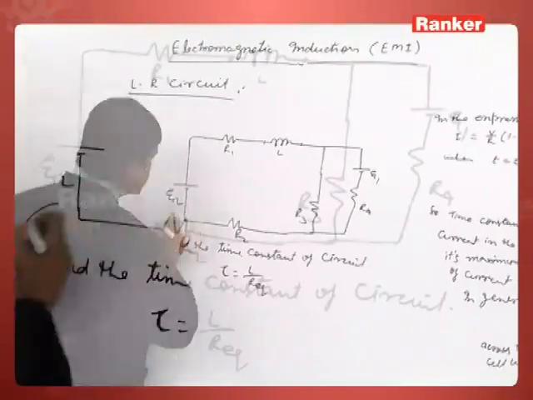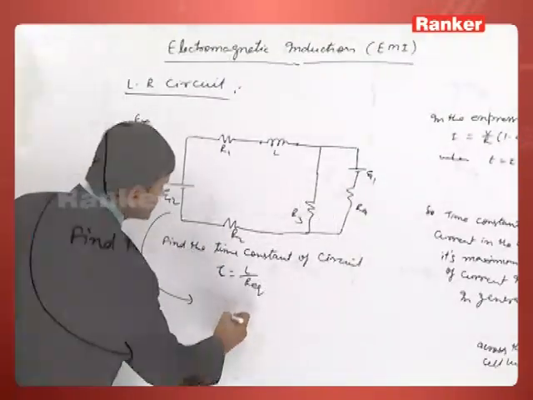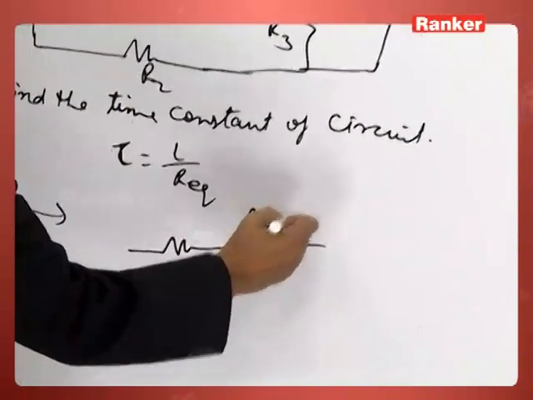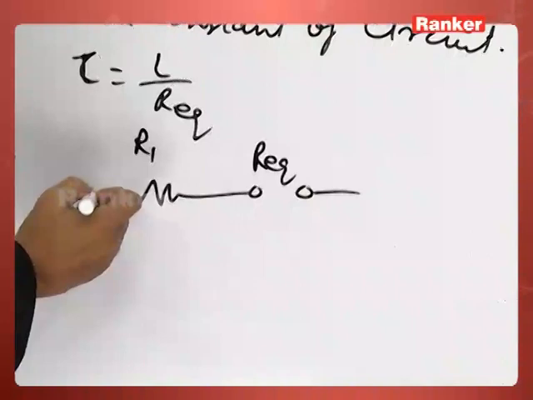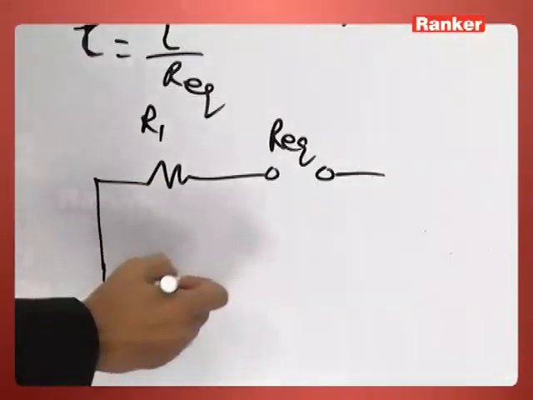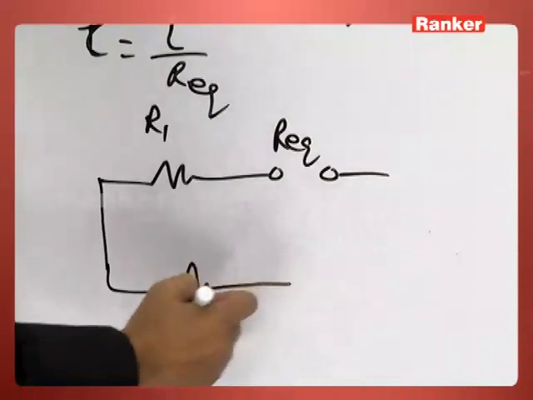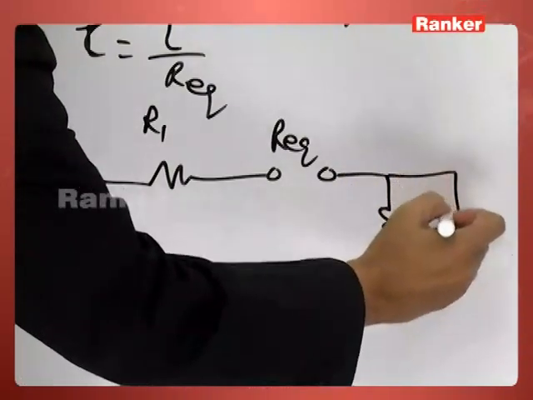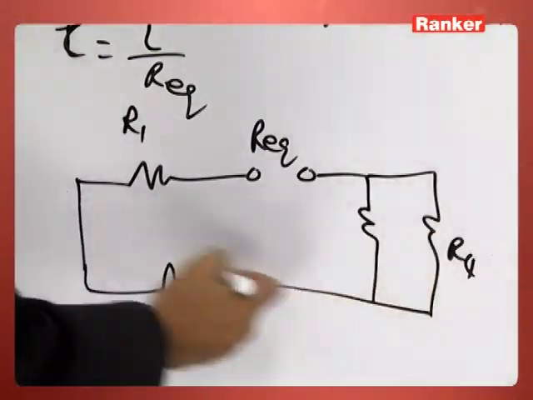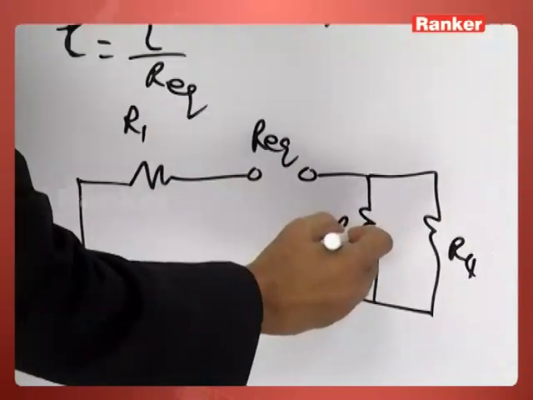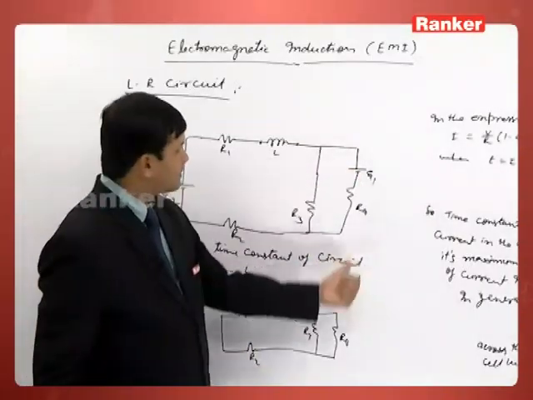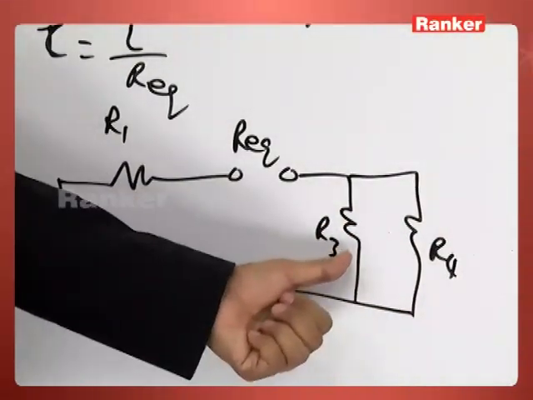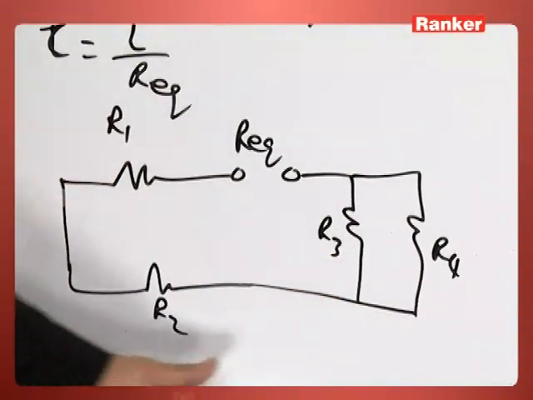So then our diagram can be drawn like this. This is the terminal of the inductor. Across this we have to find, this is R1, here the cell is replaced with a wire, this is R2, and next R3, and this is R4, in this manner. The cell again we have replaced with a wire. Now see this: these two are in parallel. Then all three will be in series.